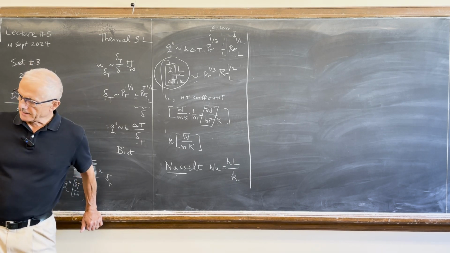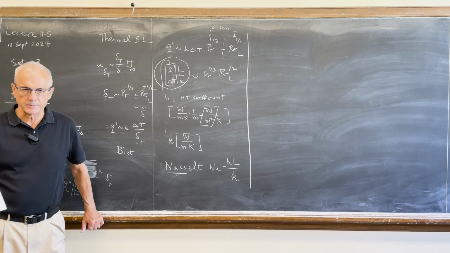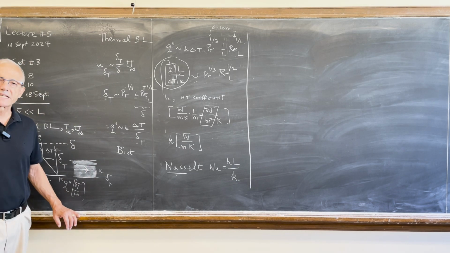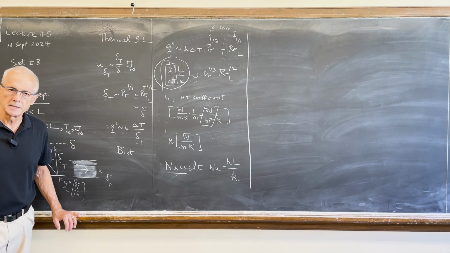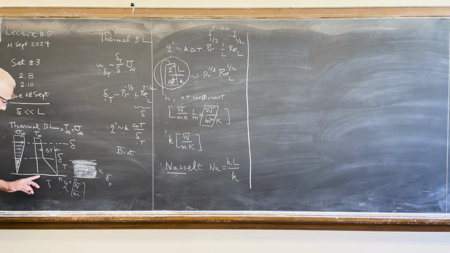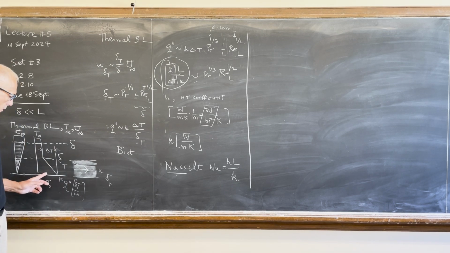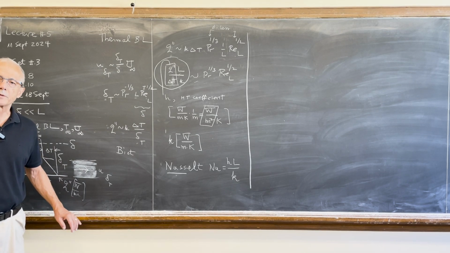Well, it is not a trick, because, as I've said many times, this is a viscous fluid. It sticks to what it touches. So, in extremis, right at the wall, the fluid is stuck. It is not moving.